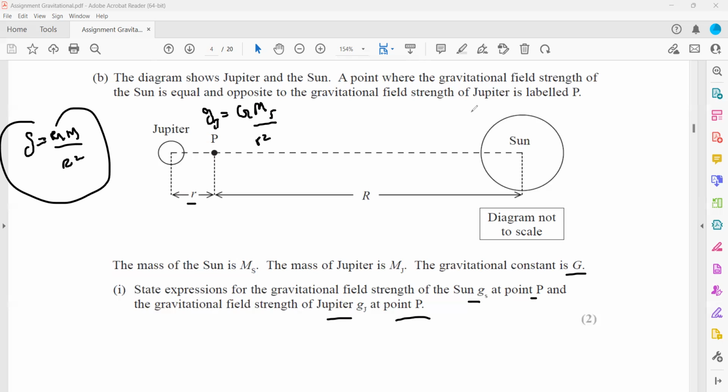For the Sun, the gravity of the Sun is also acting at that point, so the gravity of the Sun at that point is equal to G, the mass of the Sun, which is creating that gravity, divided by the distance squared, where r is the distance between the center of the Sun and that point, so r squared. So these are the two expressions.